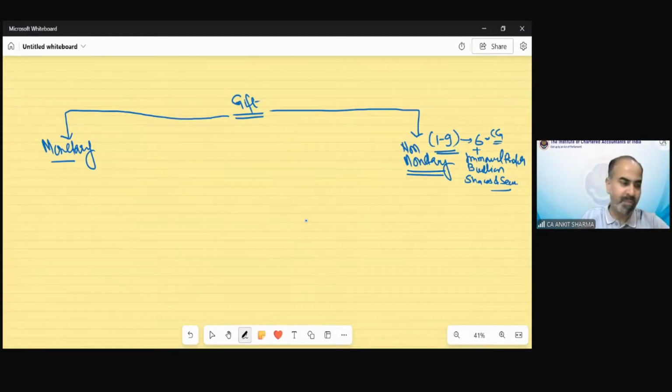Or these are monetary. Monetary means check, cash, draft, IMPS, RTGS, UPI, any kind of payment. So for monetary kind of payment, the concept is very simple.